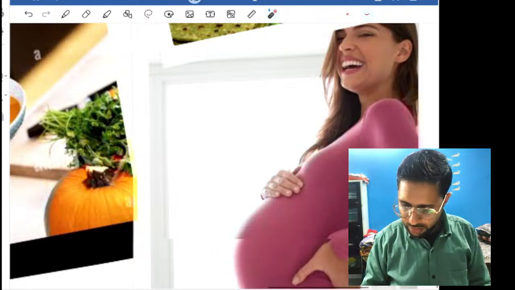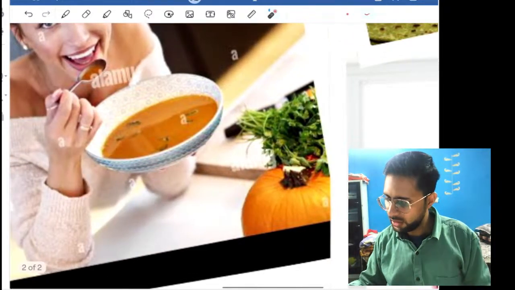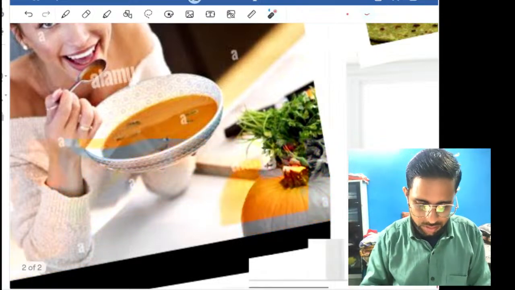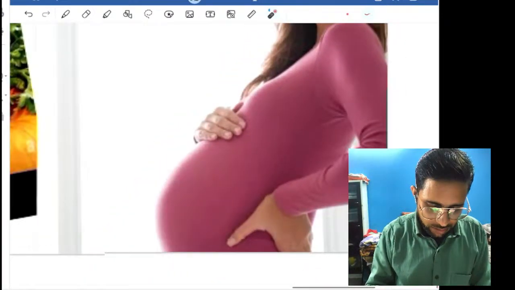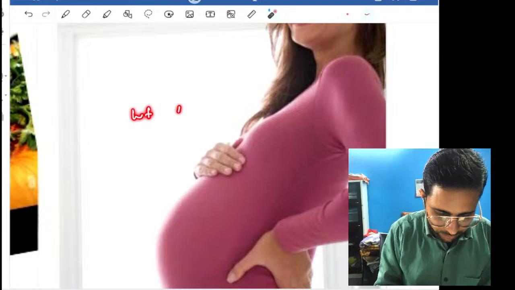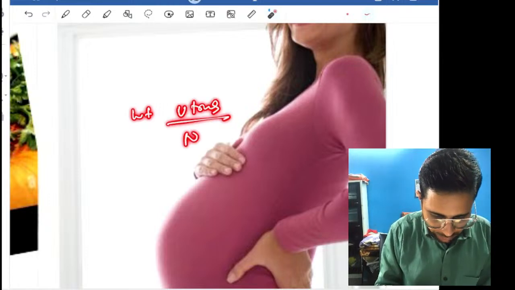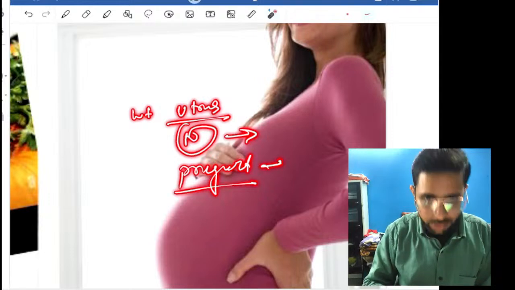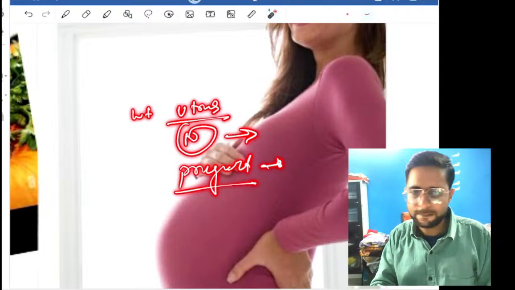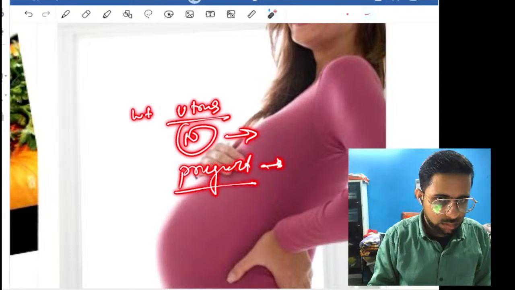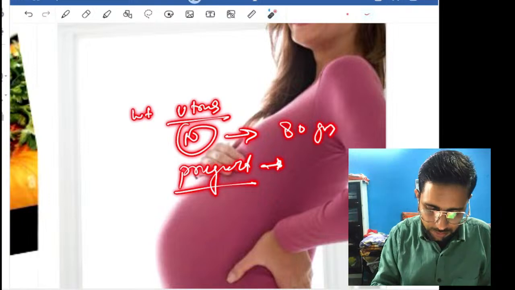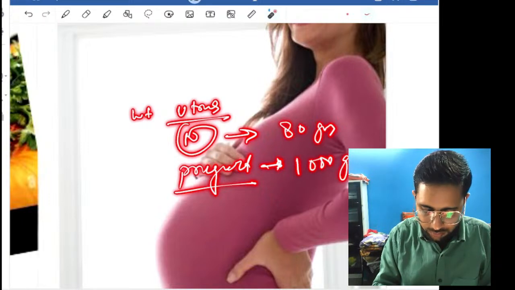Now in this way we covered that, and now some points about the weight. See this uterus weight. What is the weight of the uterus in a non-pregnant and a pregnant woman? Tell me in the chat box. Non-pregnant, it is 80 gram, and pregnant is 1000 gram.